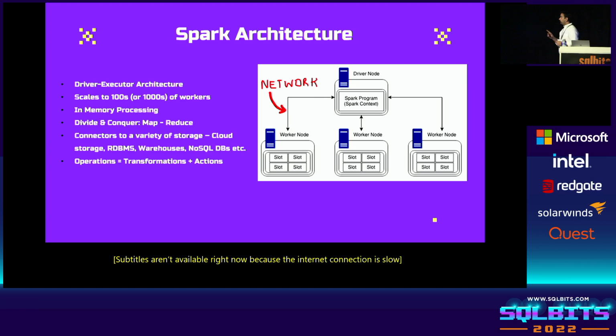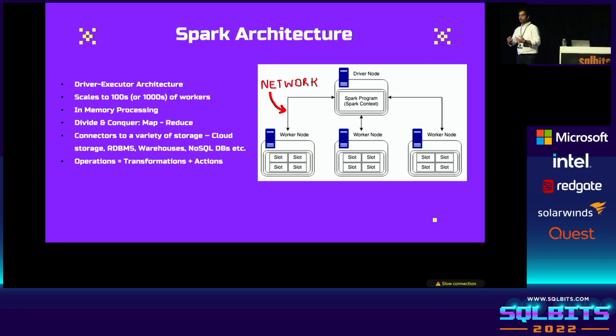The other thing to notice here is what an operation within Spark is. It has two parts: one is the transformations, and then there is the action. So what is a transformation? Transformations are things like a map operation, a filter operation, or a join operation.